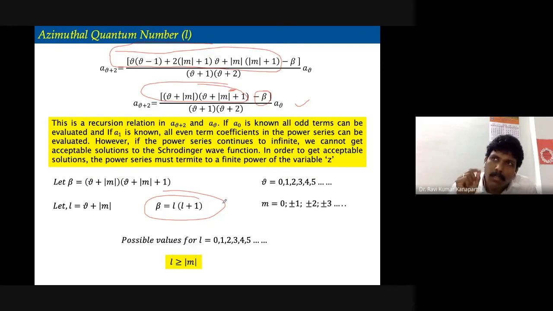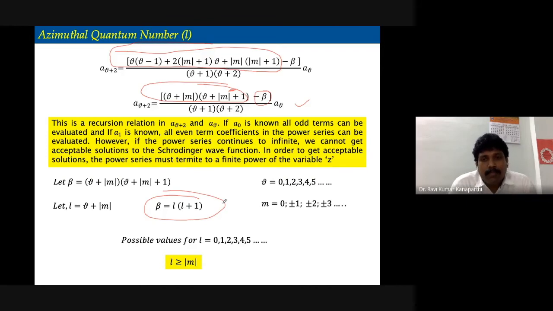So to determine the value for L, since it is a linear combination of nu plus modulus of m, first consider the nu value. The minimum possible value is 0. Similarly, what is the minimum possible value for m? Again, it is 0. Therefore, the minimum value that we can assign for L is 0.